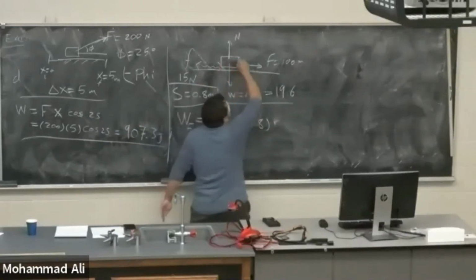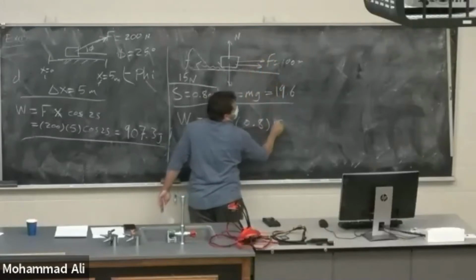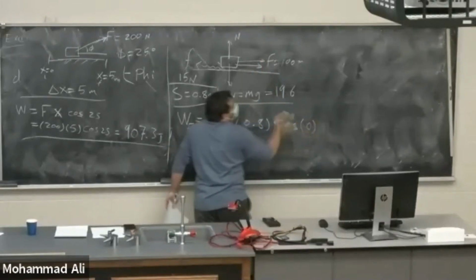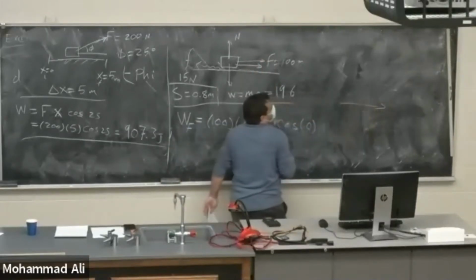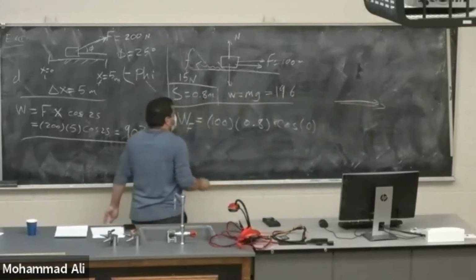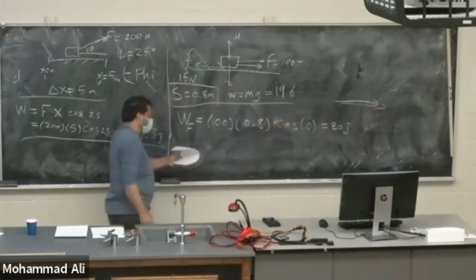What is the theta between the motion x and F in this case? The force is to this direction, the motion to the same direction. Theta is 0. So this will be equal to 80, I think, joules, because cosine theta is 1.